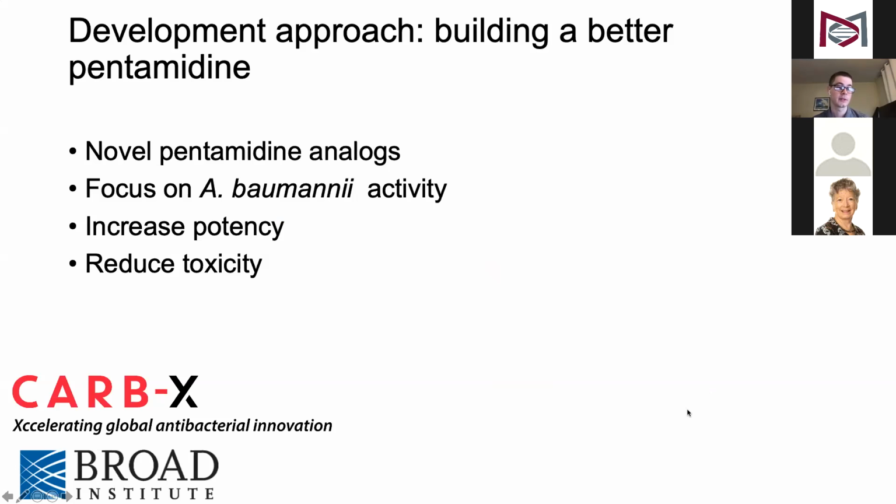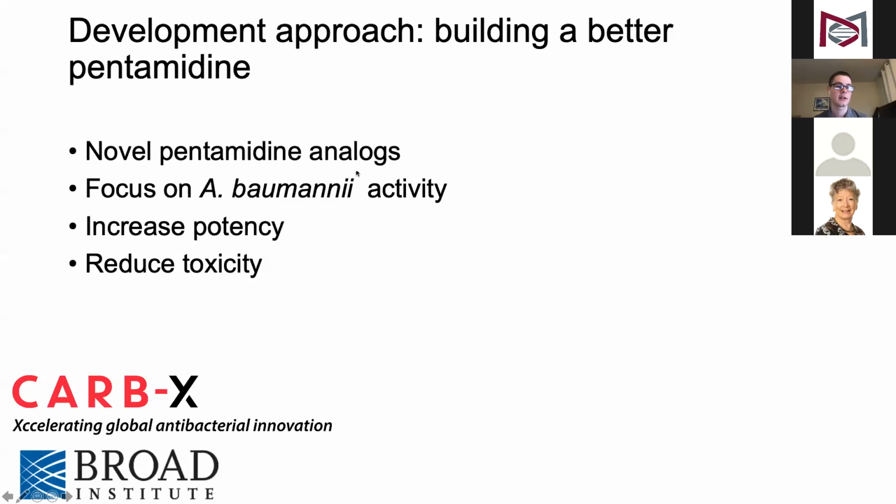And to do this, we were luckily able to collaborate with the Broad Institute, a group at the Broad under the direction of Dr. Deborah Hung, had received funding from a US government funding initiative, CARB-X, which looks to provide funding in taking antibiotics or lead molecules from discovery through preclinical experiments.